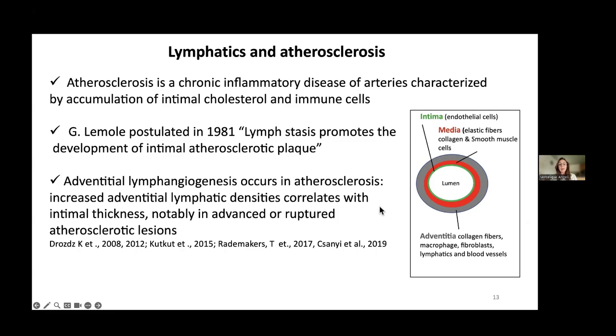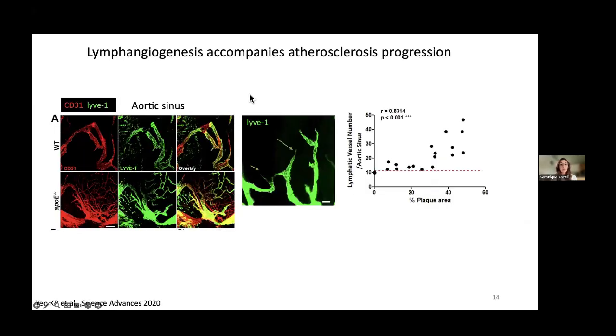In fact, increased adventitial lymphatic density correlates with intimal thickness, notably in advanced plaque. In our hands, we also show that ApoE knockout mice show some lymphangiogenesis, particularly in the aortic sinus whole mount, where you can see in the ApoE mice an expansion of the lymphatic network compared to wild-type mice.